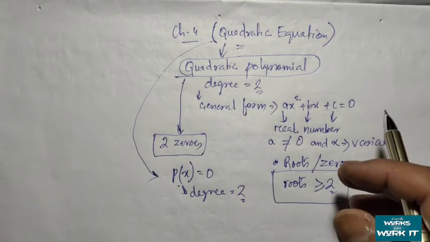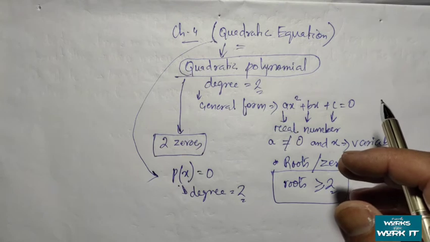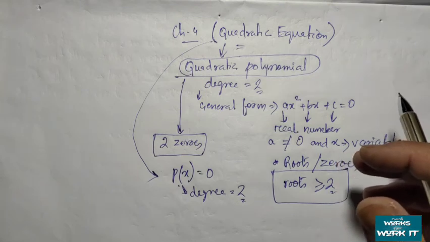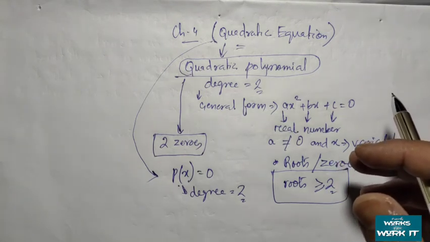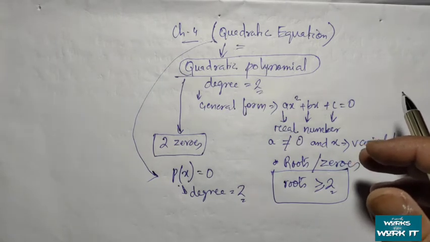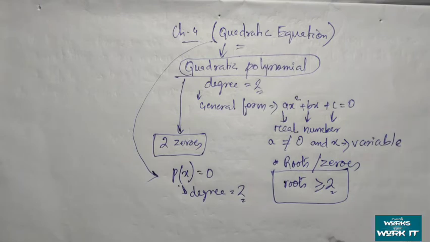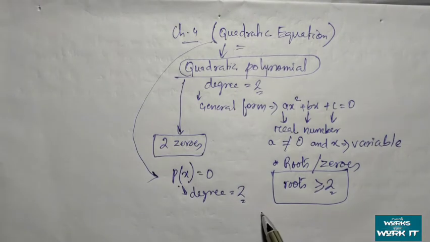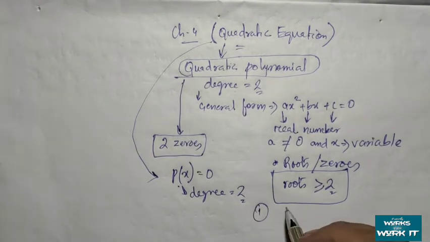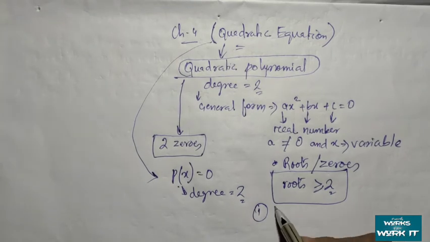In this chapter we will also understand the methods to find the roots of a given quadratic equation. There are many methods to find the roots. One is the method of factorization.